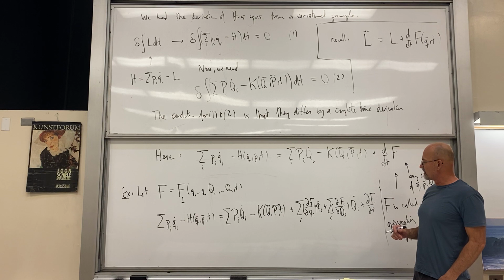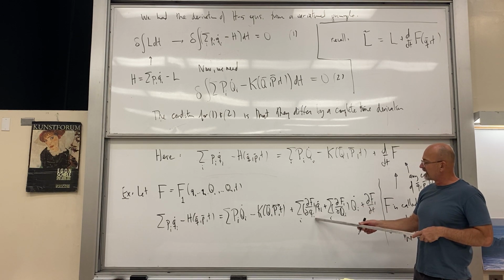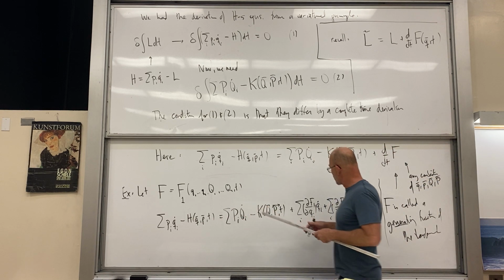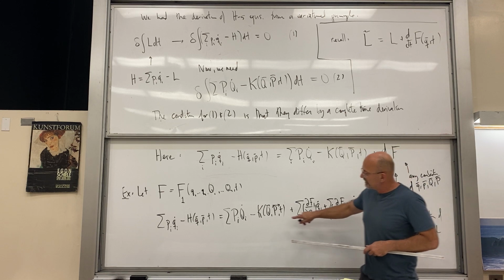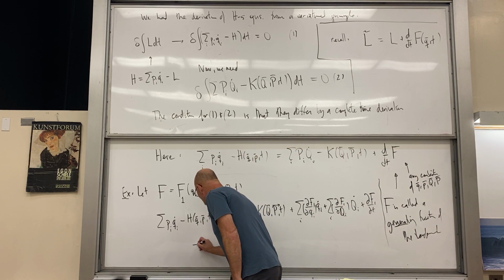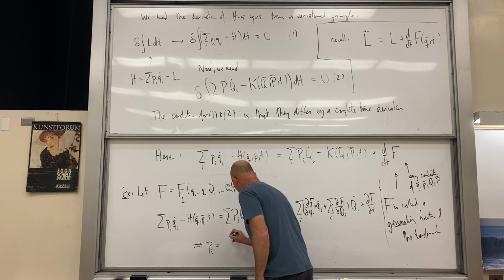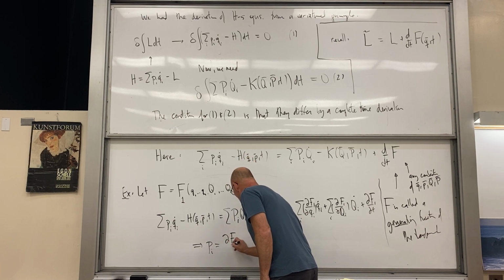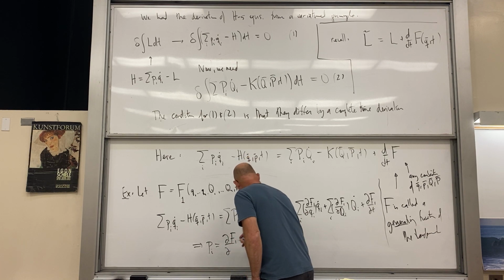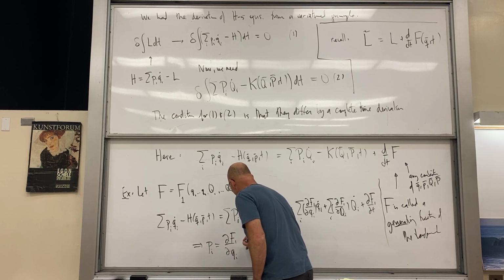So how are we going to match coefficients? The coefficient of q_i dot over here is p_i. So we have the old momentum is equal to df1/dq_i.